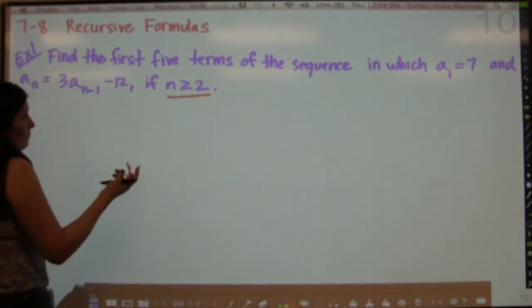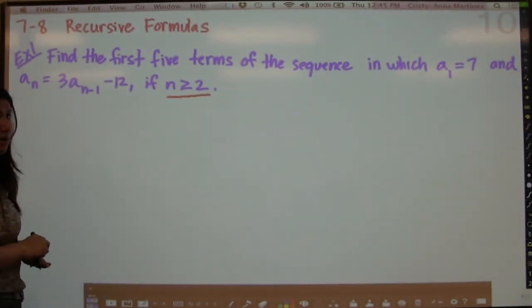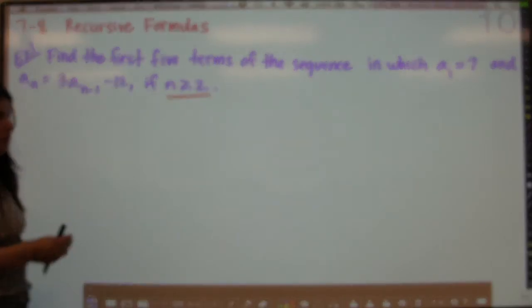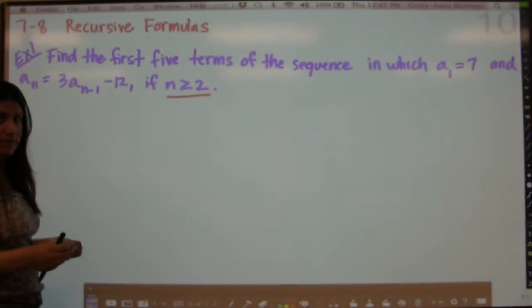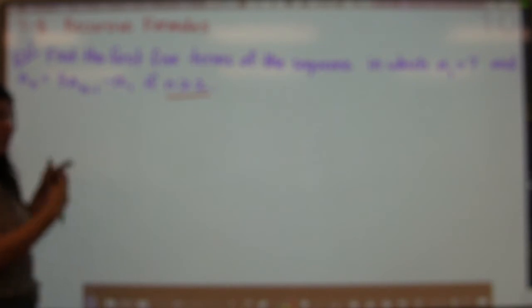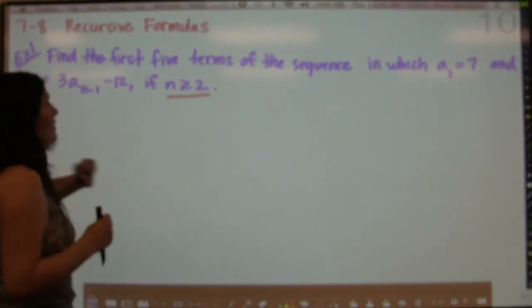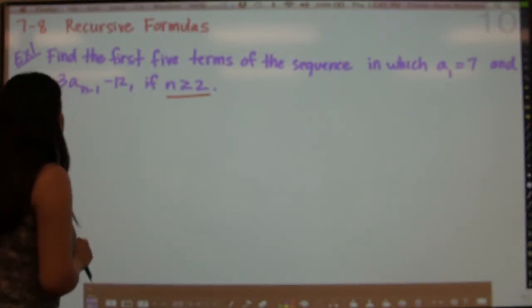If we allowed n to be something smaller than 2, like 1, then it would be 1 minus 1 equals 0, and you'd have a sub 0, which would not even exist because the first term is a sub 1. A sub 0 is like before the first, which doesn't make any sense for a recursive formula. So it's important that we put the n greater than or equal to 2.